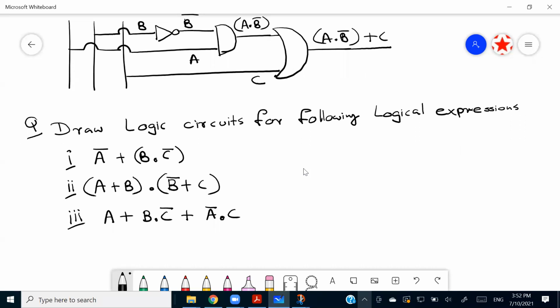Let me see. Yeah, perfect. That is correct. Well done. Go for the second and third.